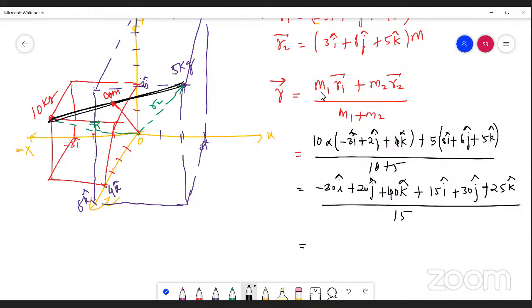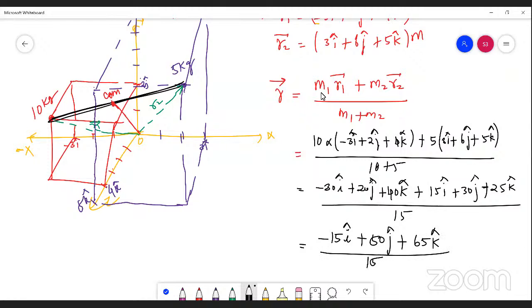So you just add the i vector, j vector and k vectors separately, so that minus 30 plus 15 will become minus 15 i cap plus 20 plus 30, 50 j cap plus 40 plus 25, 65 k cap divided by 15.